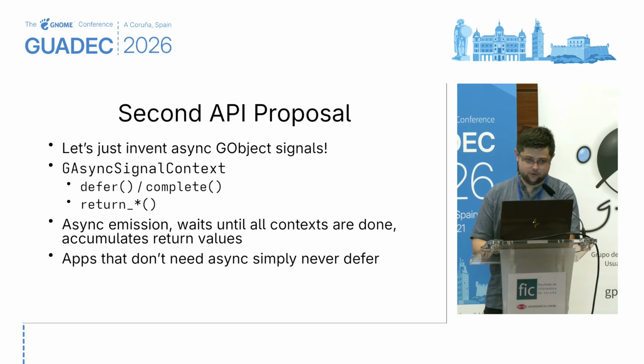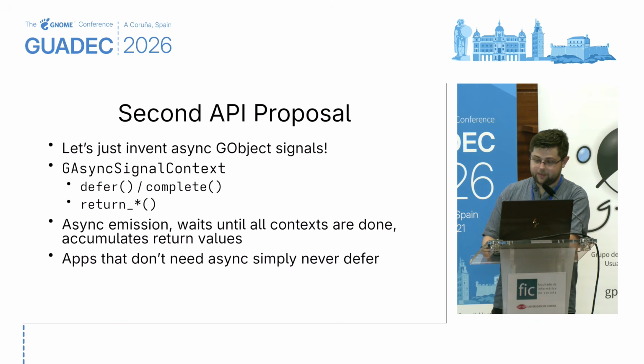because I was hoping that for GNOME 51, we would have a second API. So I wanted to minimize the amount of change to the first API. So I thought, well, let's just invent async GObject signals. And it didn't end up being quite as hard as you'd imagine.